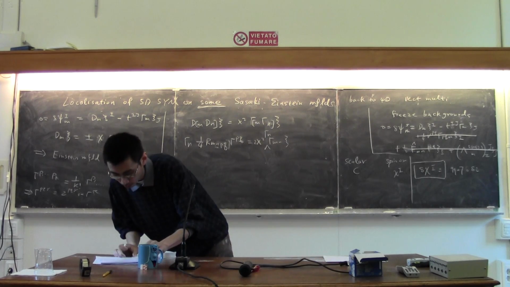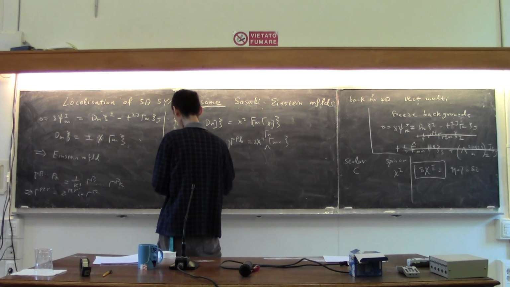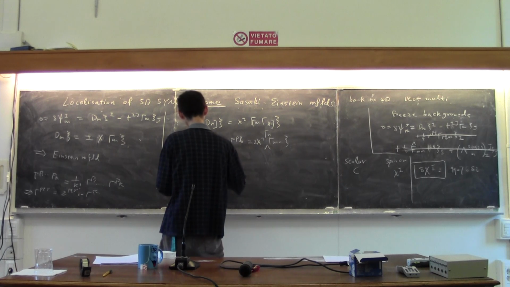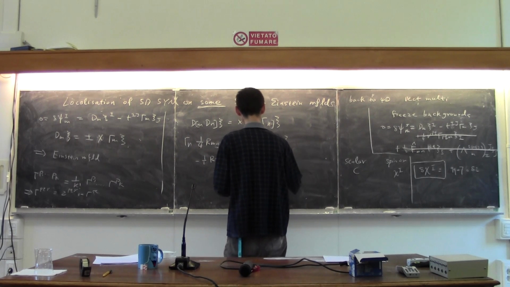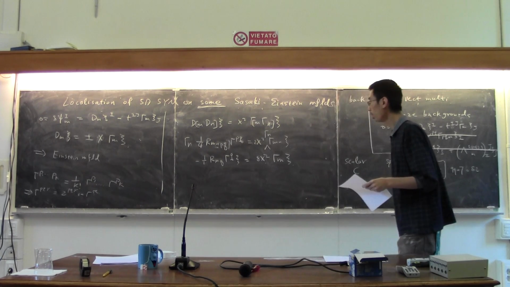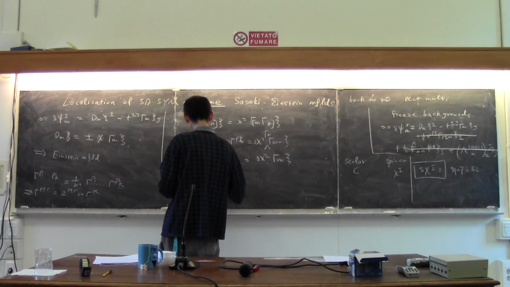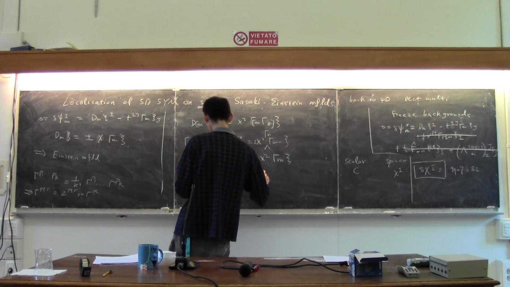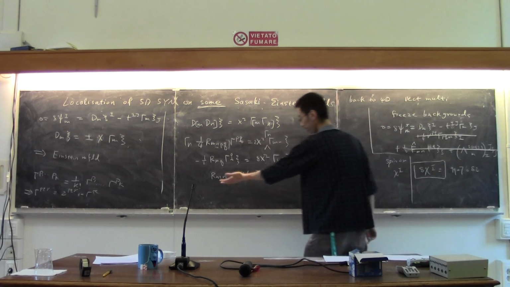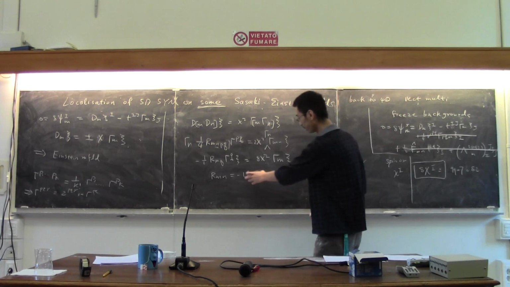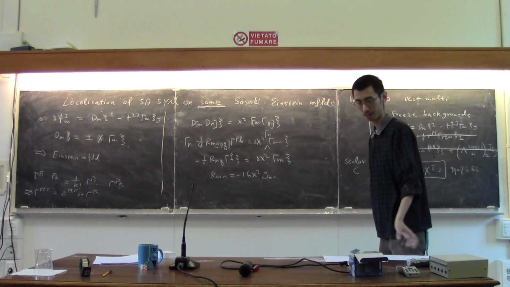Okay, and which means that from this you can just imply that you have this, and since this is a number, this equation says that your manifold is Einstein, because that's the Einstein equation.